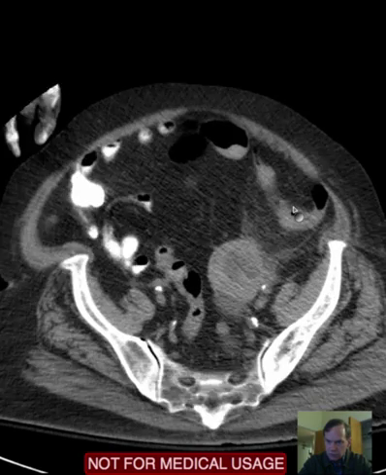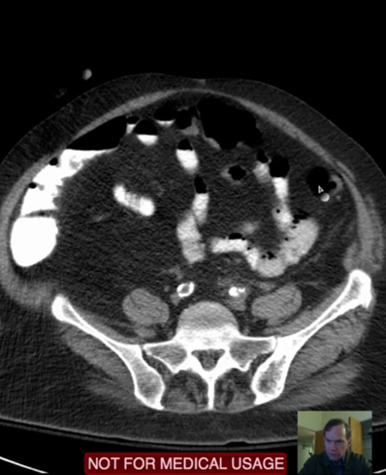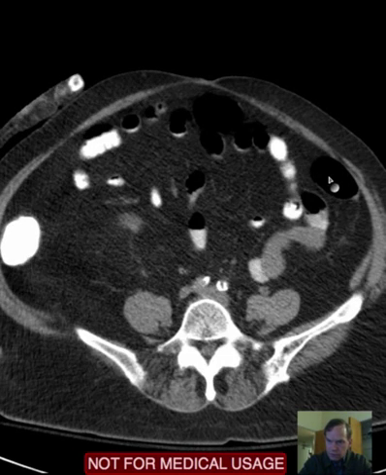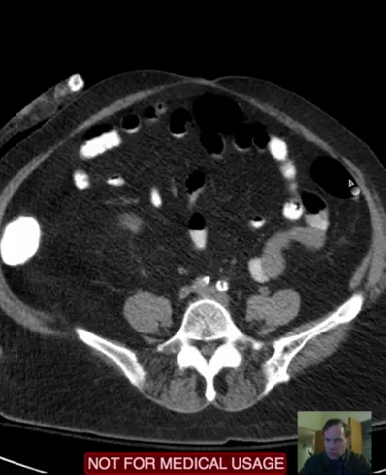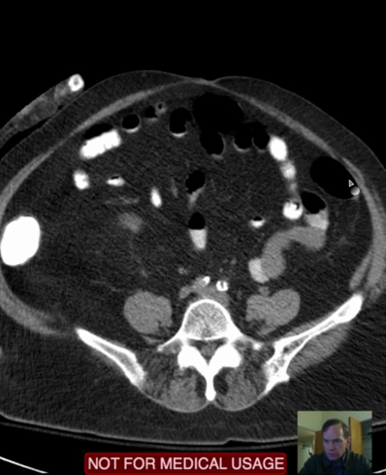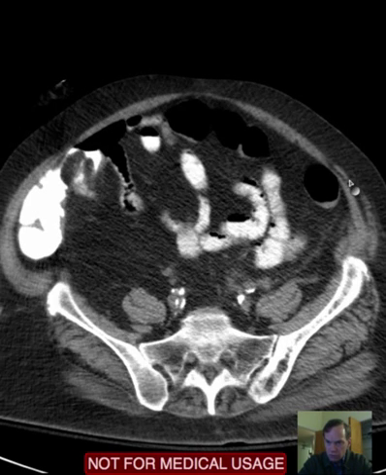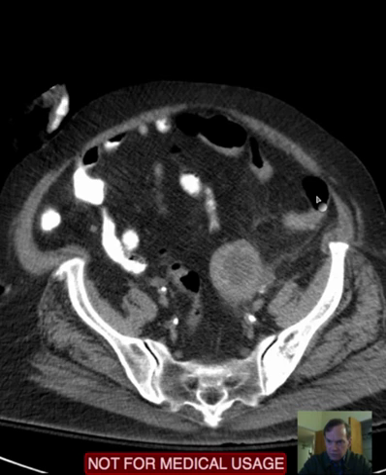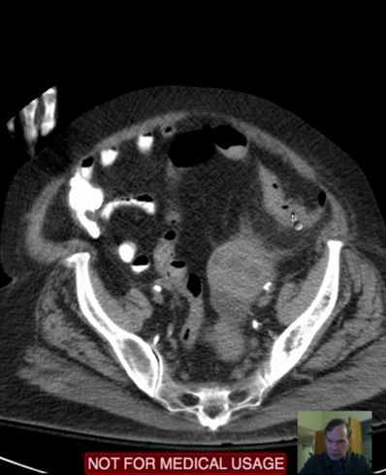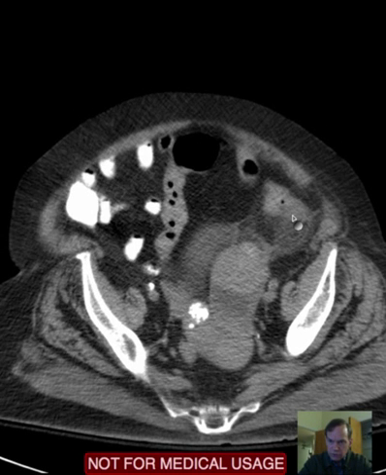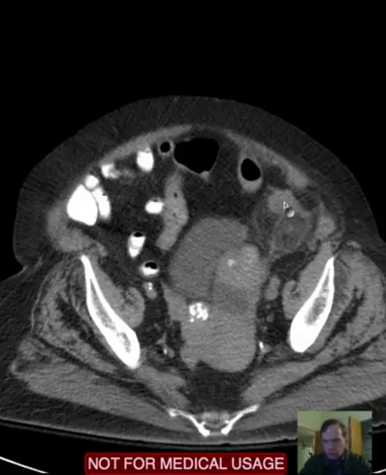Here you can see if we go upward, we're in the left colon right here. So it's reasonable to have to trace the bowel to know for sure where you are sometimes. So this is left colon, and then this is the beginning of sigmoid colon. So it's right adjacent to the sigmoid colon. So a very reasonable thought would be, is this sigmoid diverticulitis? Well, that certainly is a consideration.